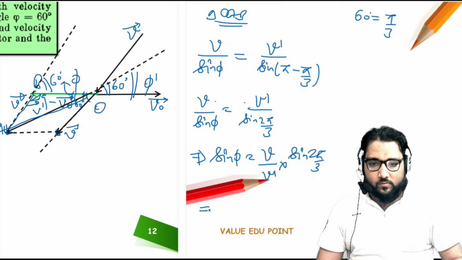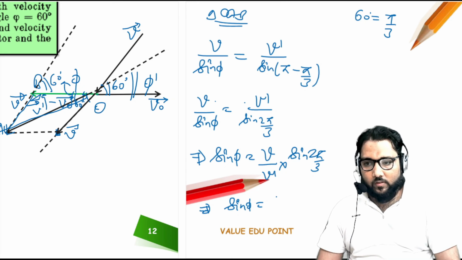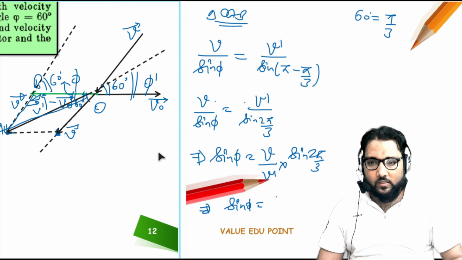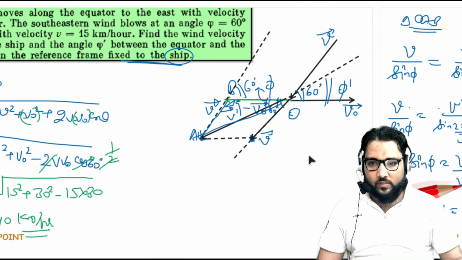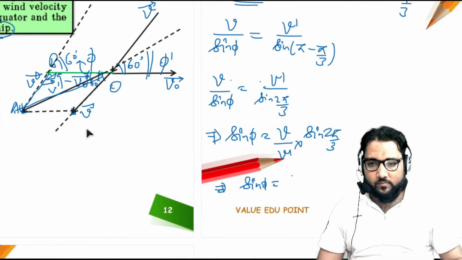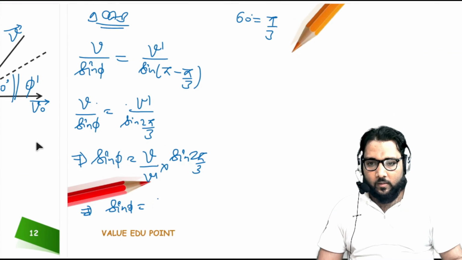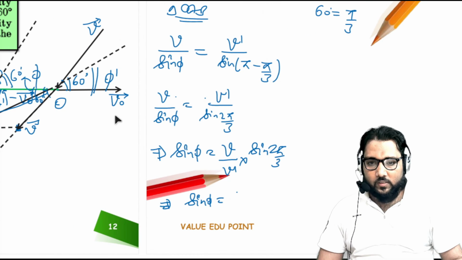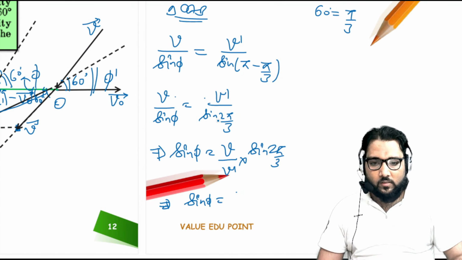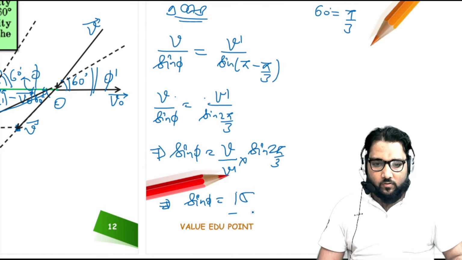So again, sine phi, the value of v dash we know, that is also given here. Note the value of v, that is 15. Here v dash we already calculated, and sine of pi by 3 is equal to root 3 by 2.